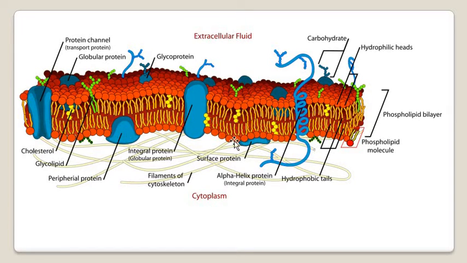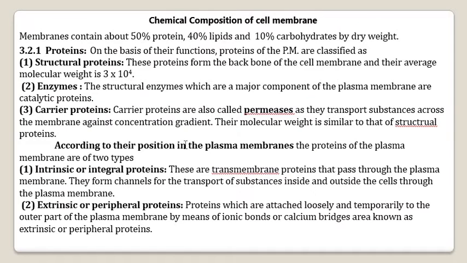Some which are present on the internal side are called intrinsic. Some proteins not expanding the cell membrane completely, found on the external side, are called extrinsic proteins. So intrinsic proteins and extrinsic proteins. Integral proteins, also called intrinsic, are the transmembrane proteins that pass through the plasma membrane, right? Like this.